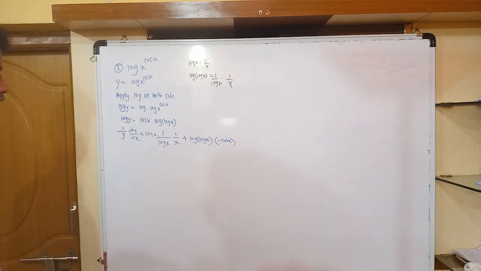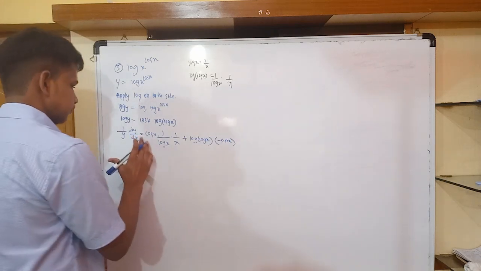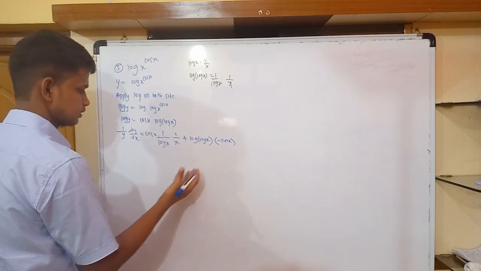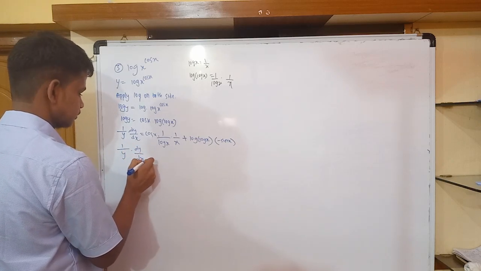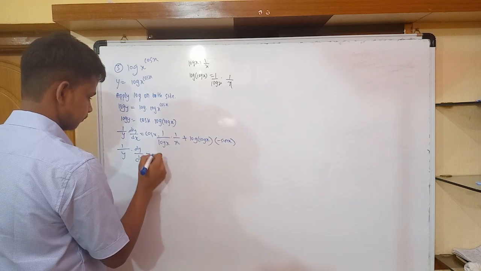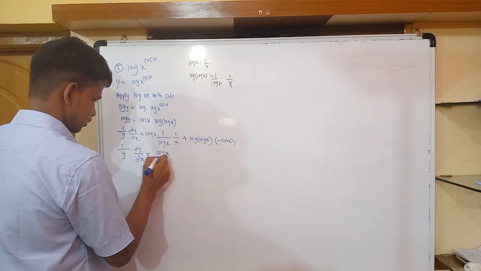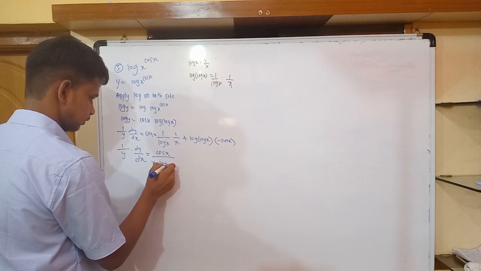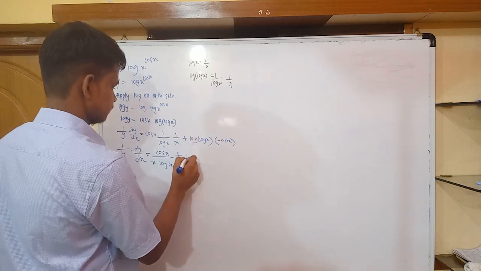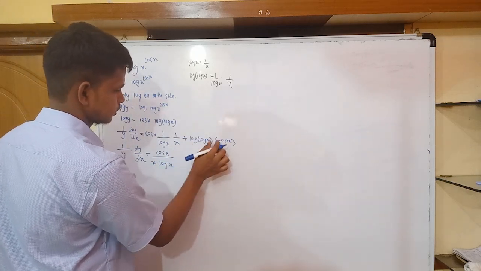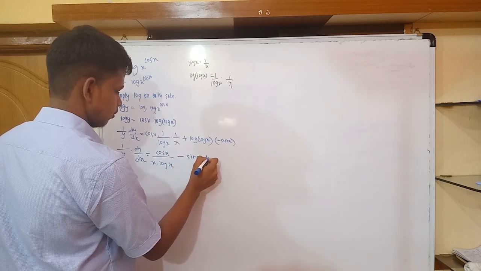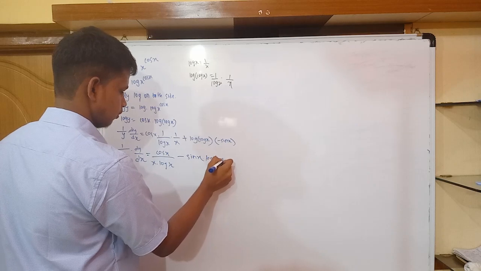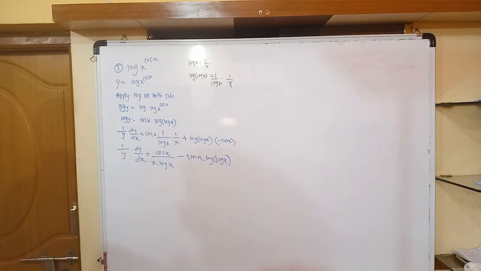Okay, this is the derivative, and here we can make this simpler. 1 by y into dy by dx equals cos x divided by x into log x, plus minus sin x into log of log x. After getting this, we have to cross multiply y to this side.